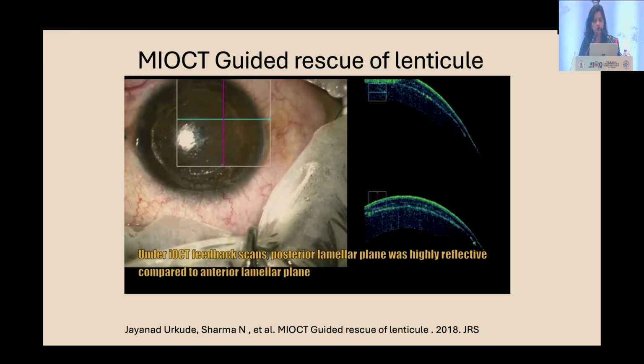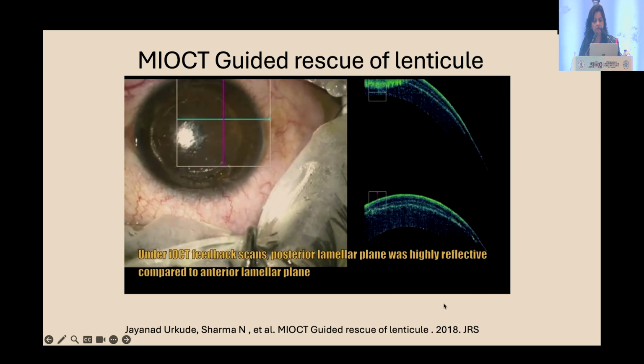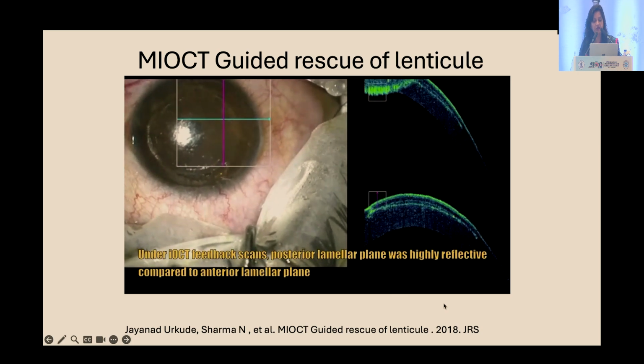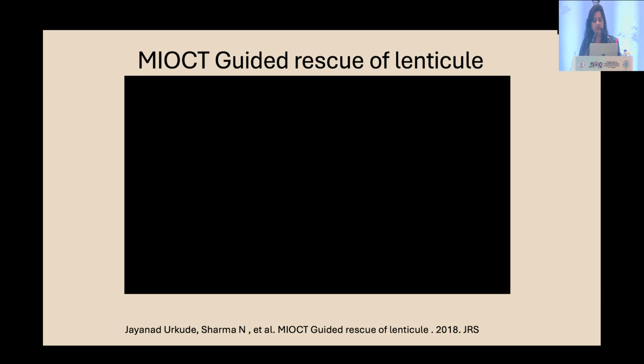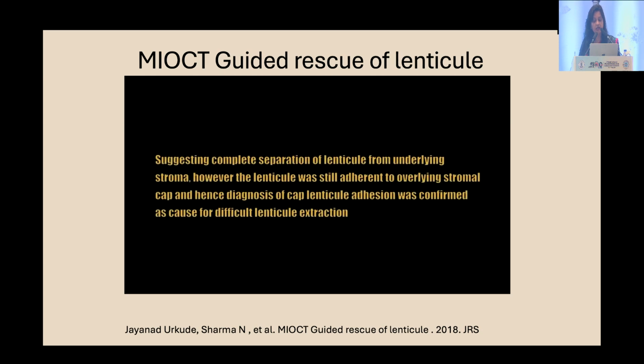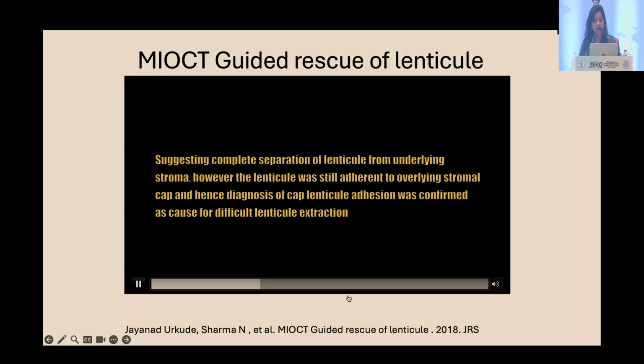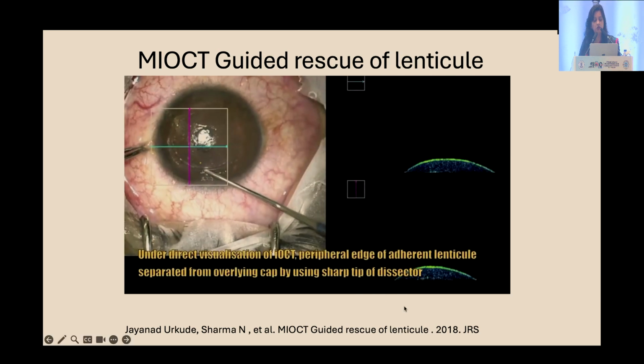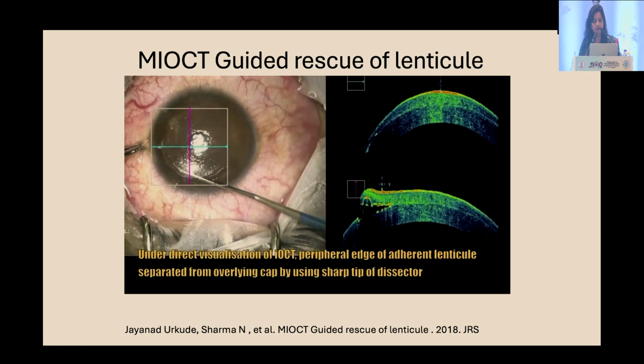Under the intraop OCT microscope, the posterior lamellar plane was highly reflective compared to the anterior lamellar plane, so you can actually make out which part is dissected. The part which is highly reflective tells you that this part has already been separated.